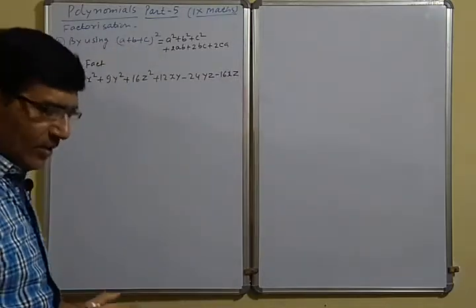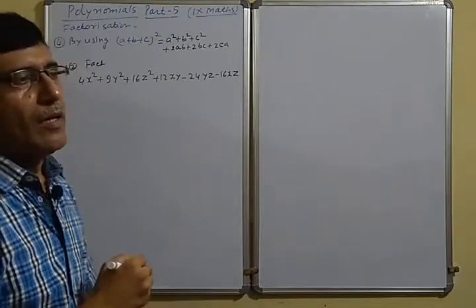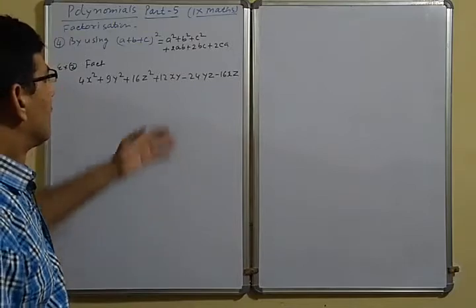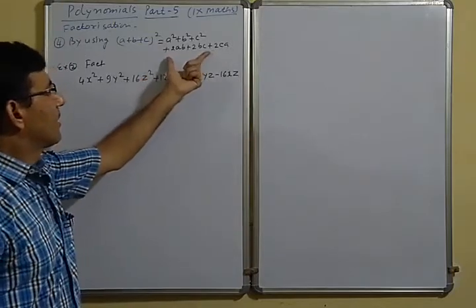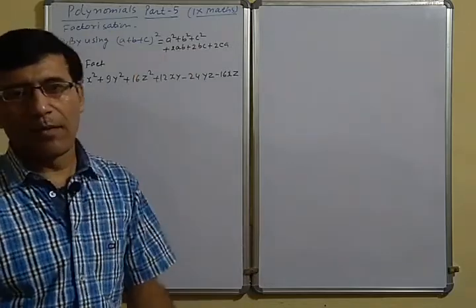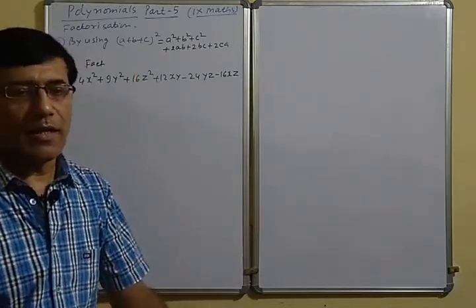This type of question is really very important, and let us see how we'll factorize and how we'll take the sign. In the expansion of this, how we'll take the sign of a, whether a is positive or negative, whether b is positive or negative, or c is positive or negative.